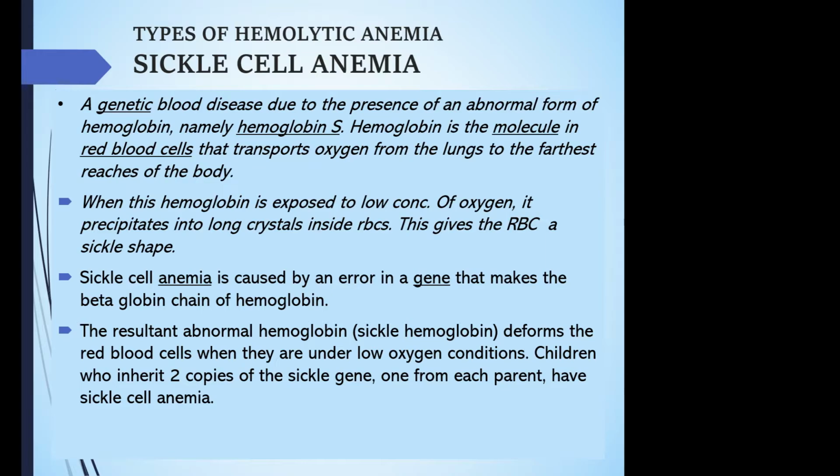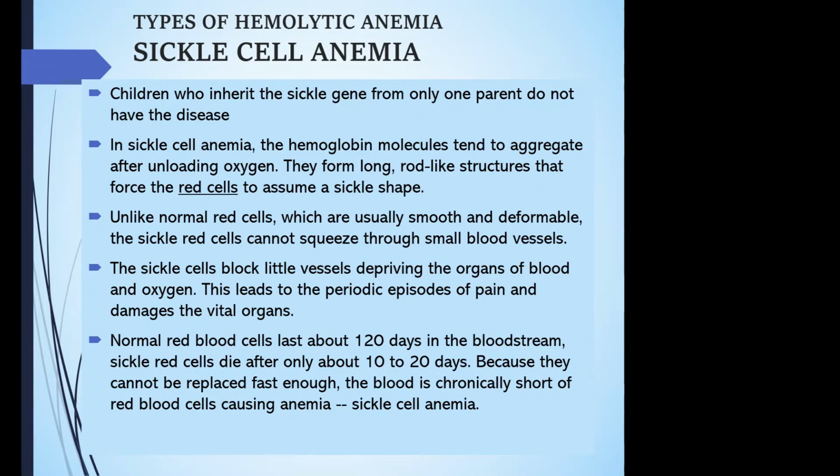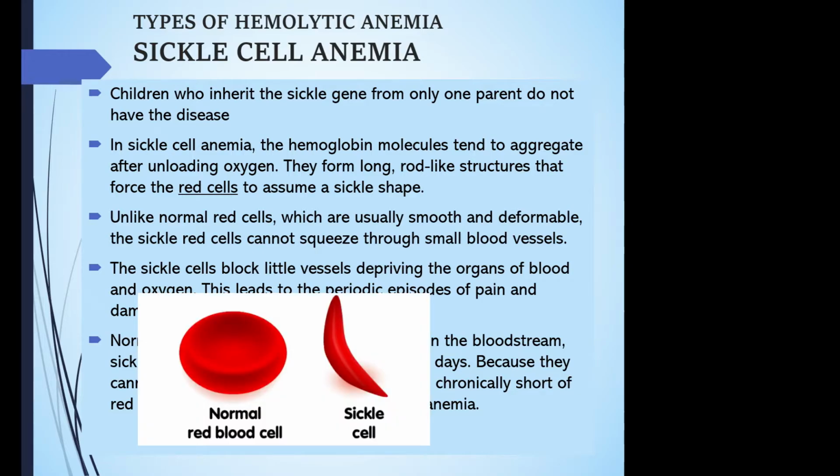As I told you, the hemoglobin becomes precipitated. Children who inherit two copies of the sickle gene, one from each parent, have sickle cell anemia. Children who inherit the sickle cell gene from only one parent do not have the disease.